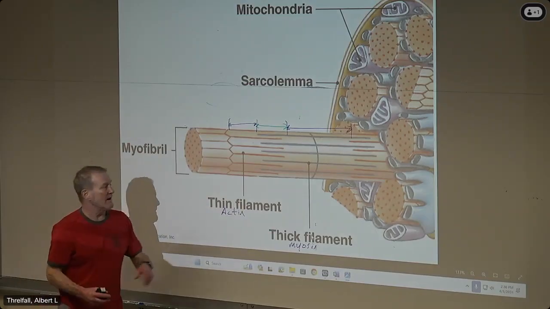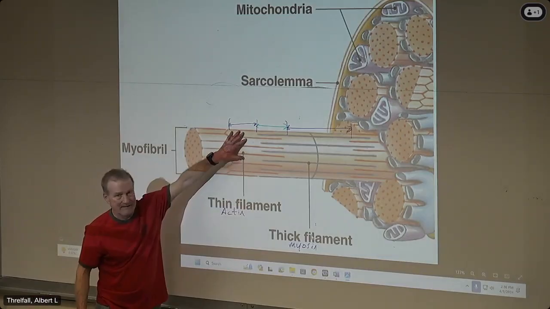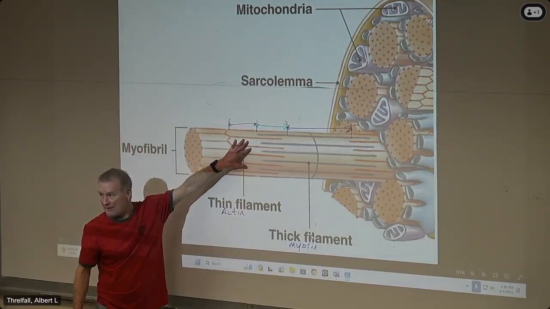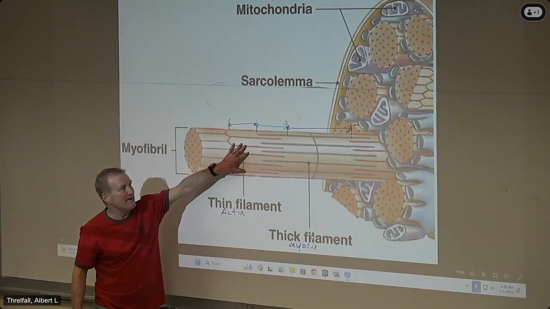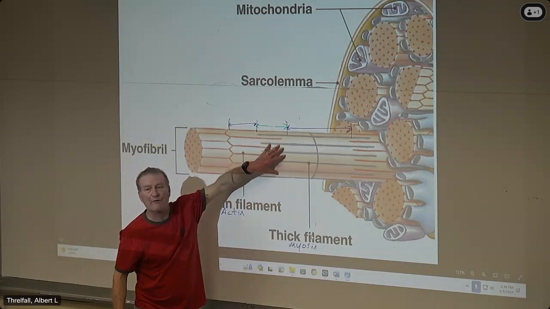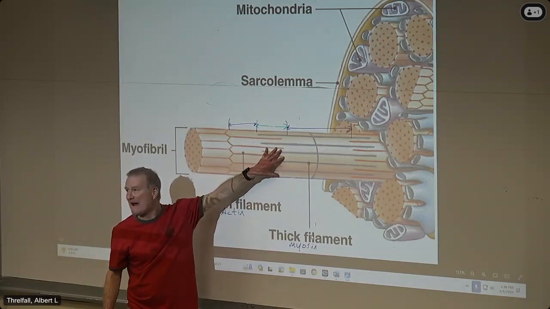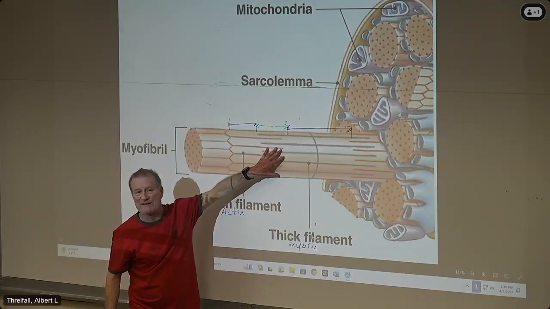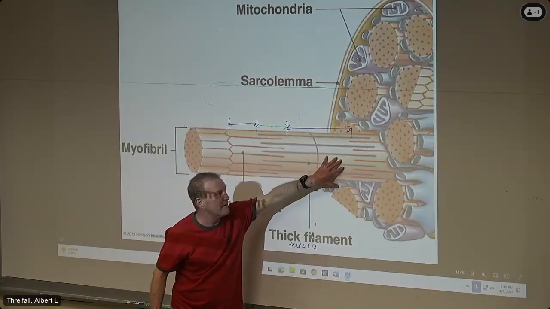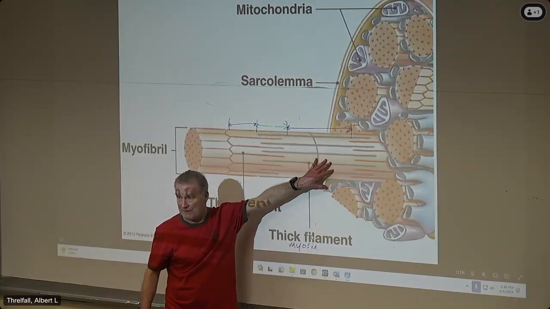So in this area, where we have just actin, and it's the thin one, that's going to be the lightest area. In this area where we have actin and myosin overlapping, there's a lot of protein for that dye to bind. So this is going to stain the darkest. In this area here, it's just one of the filaments, but it's the thick one.